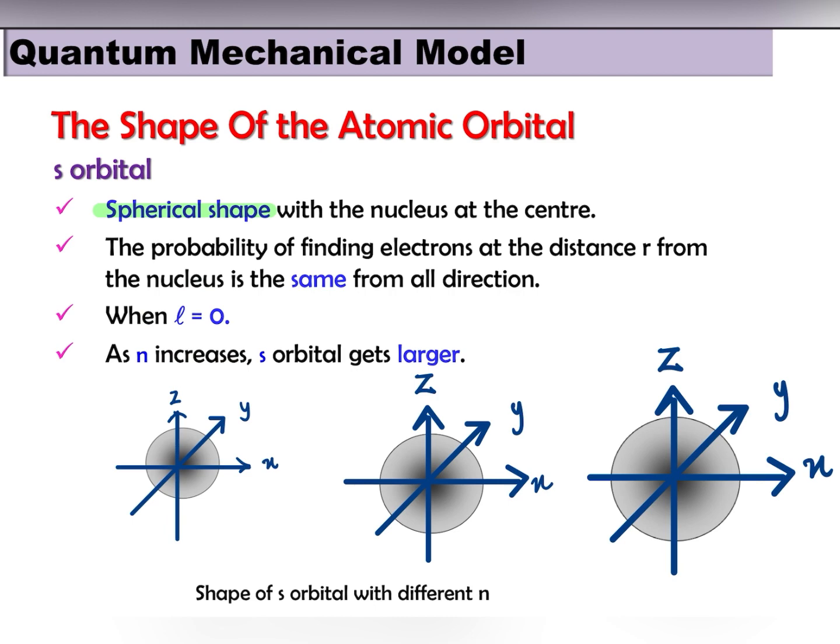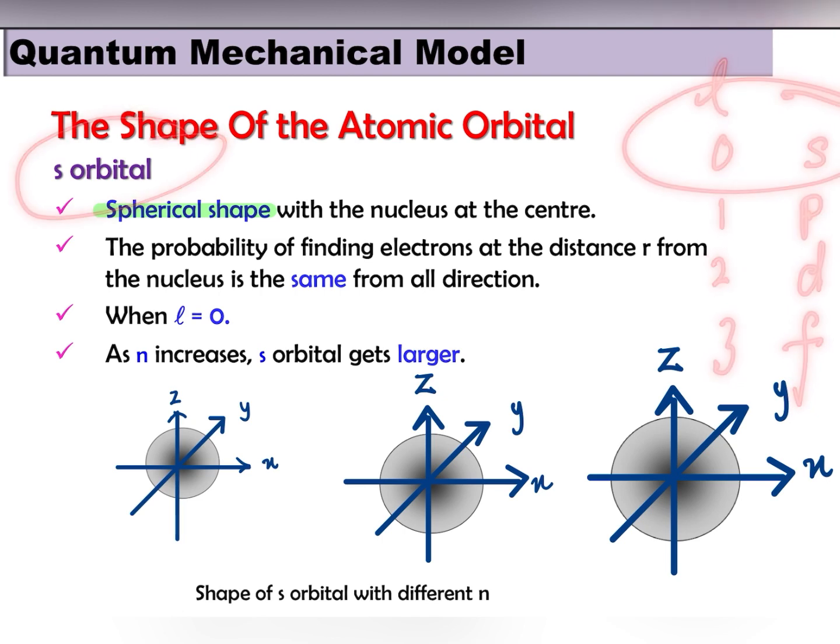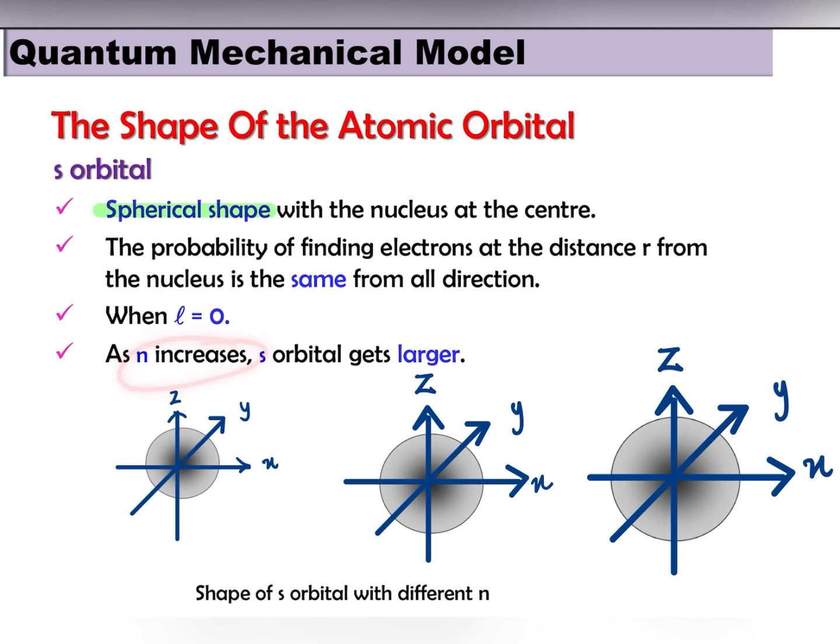So ingat tadi, for value of L, if you have 0, 1, 2, 3, means for 0 it is S orbital, 1 P orbital, D, and also F. Okay, so we are referring to this S orbital. As the value of N increases, the S orbital will get larger.